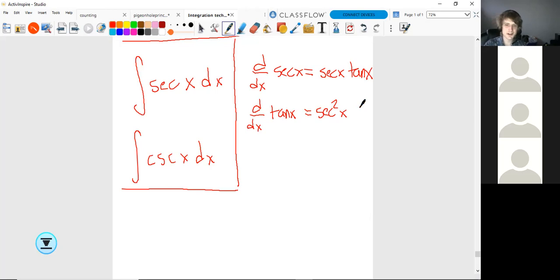I'll even spoil the answer, and you tell me if you can fill in the middle parts. The integral of secant of x dx is equal to. Can I try it myself first? Yep. All right.